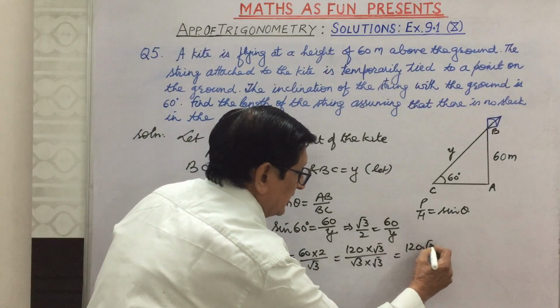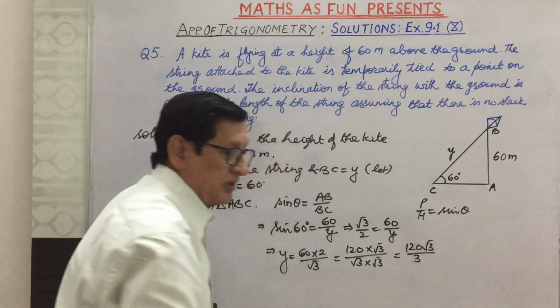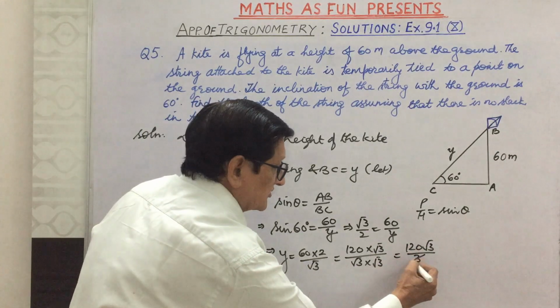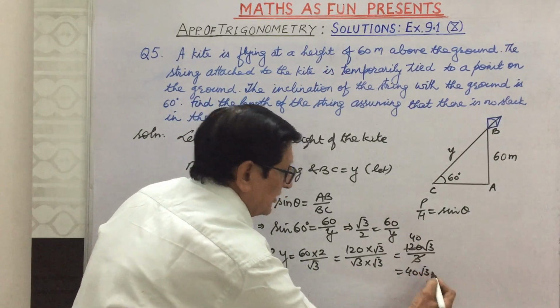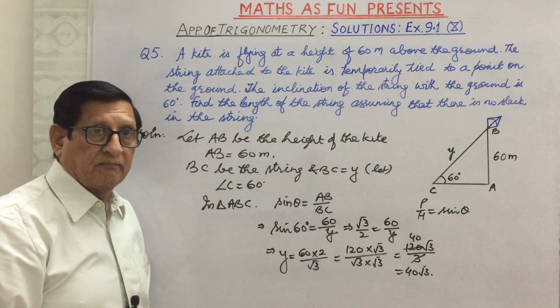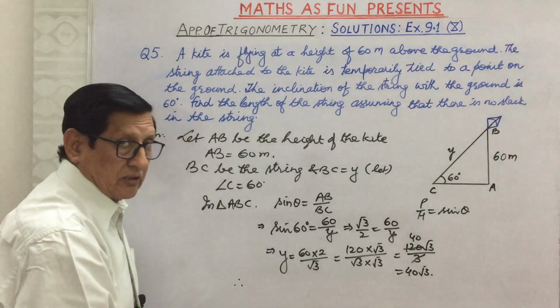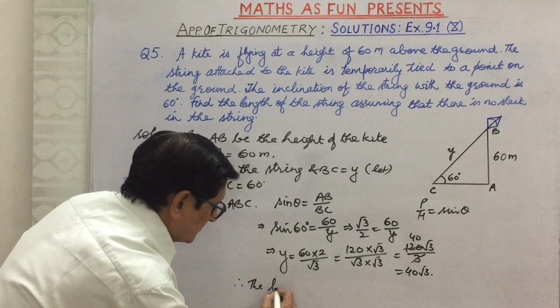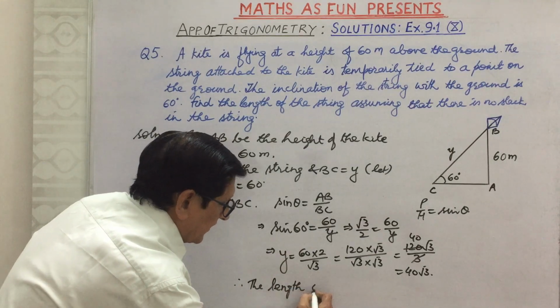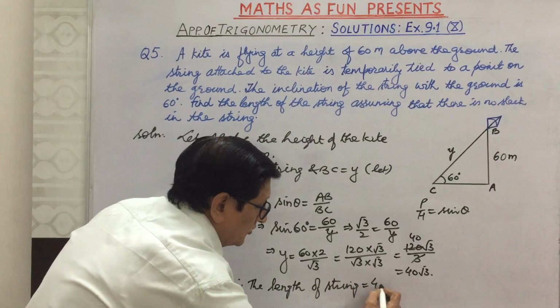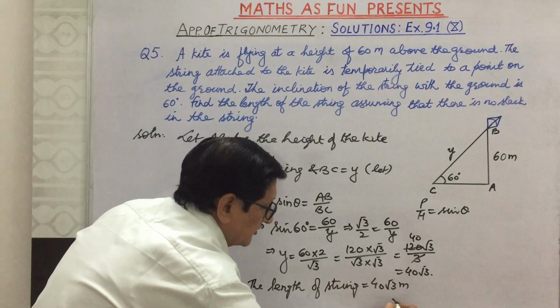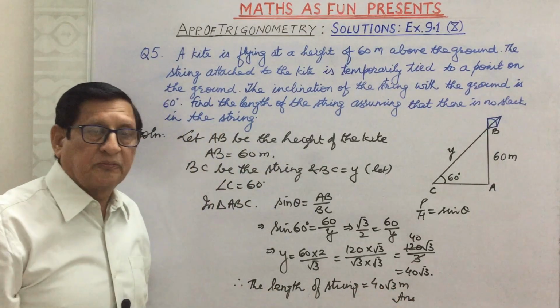So this is 120 root 3 upon 3. 3 cancels this 40 times. So this comes as 40 root 3. And hence we can say, therefore, the length of string is equal to 40 root 3 meters. This is the answer to the problem.